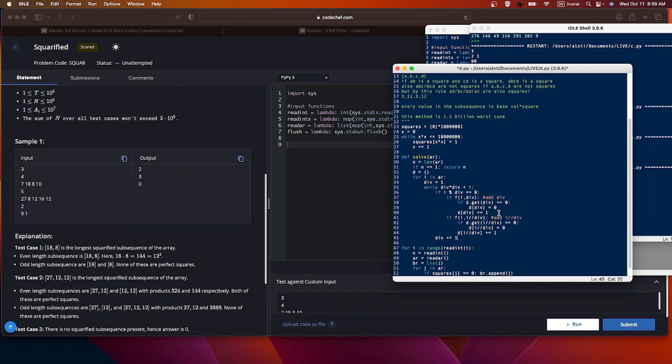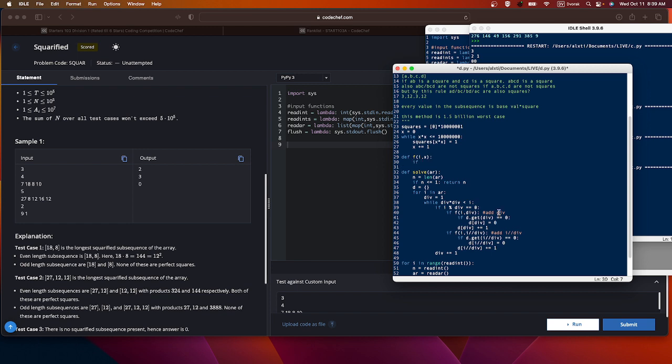Increase this by 1i. So x is our base, right?